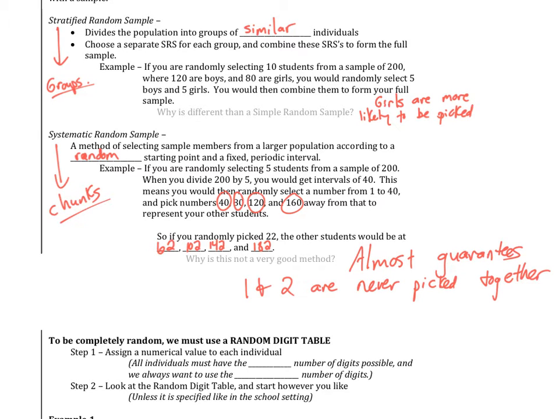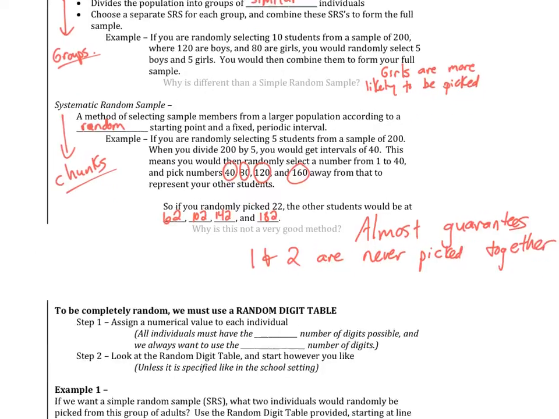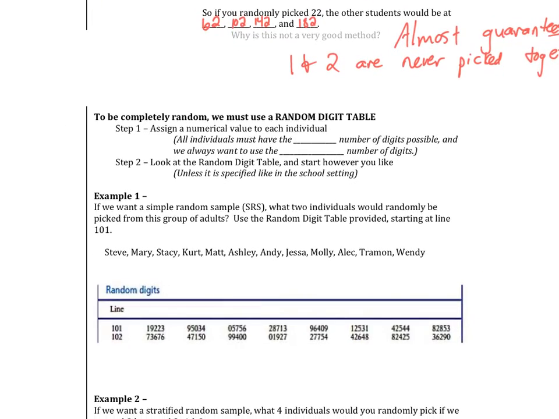It's like if you line up all 200 people and you pick every 40th person. The people standing next to each other will never get picked together because they're side by side and you're picking every 40th person. To be completely random, we must use a random digit table, which we're going to talk about in class.